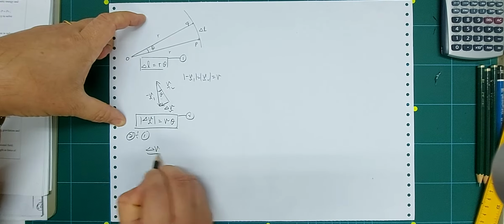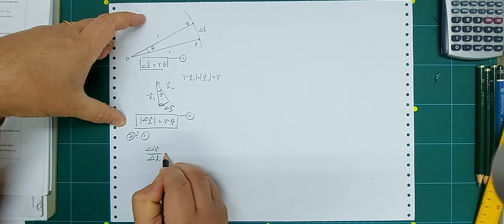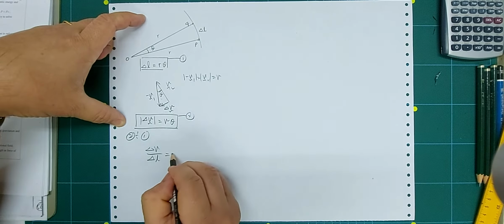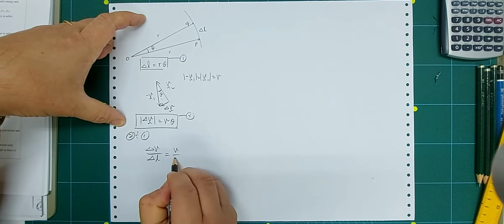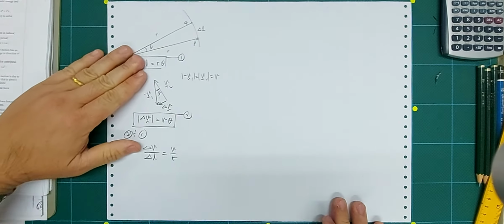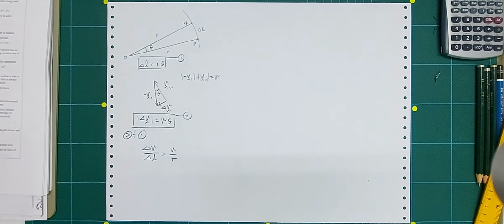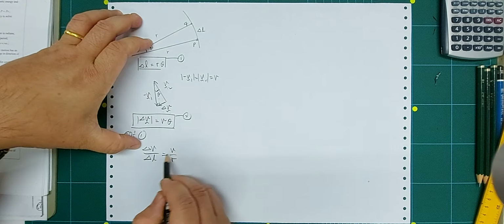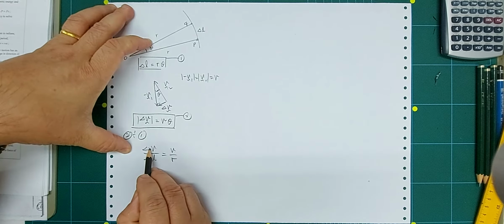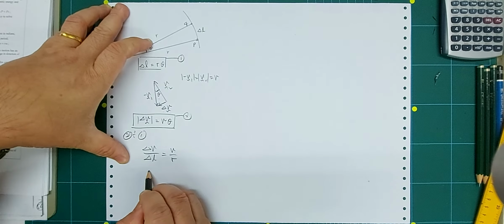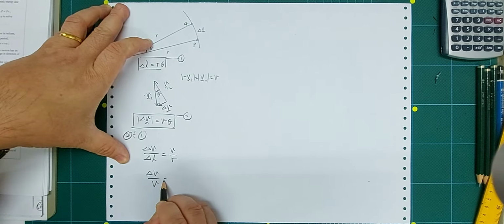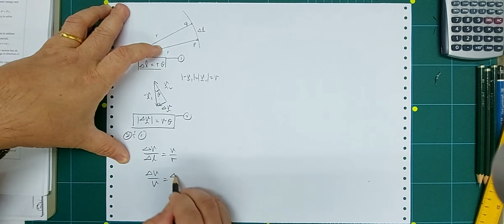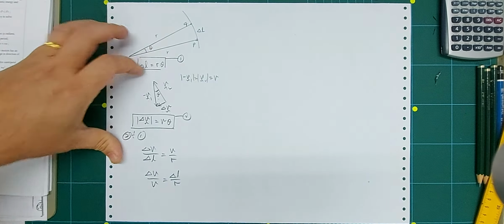You have delta V over delta L, which is equal to V over R. Okay, V over R, right? Now the next thing is, if we move this thing over here, your delta V over V becomes delta L over R.